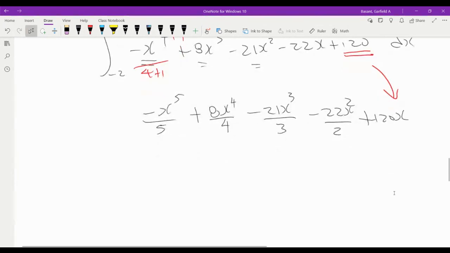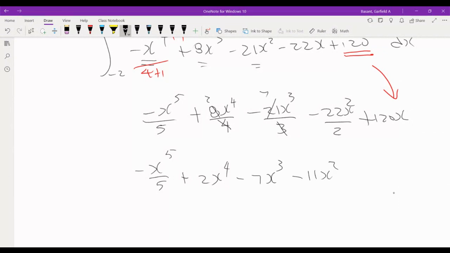Now we could probably simplify some of this. This becomes negative x to the fifth over 5. This becomes 2x to the fourth because the 4 goes into 8 2 times. Minus 7x to the third because the 3 goes into that 7 times. Minus 11x squared plus 120x.